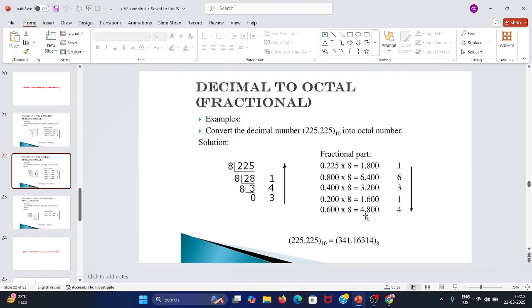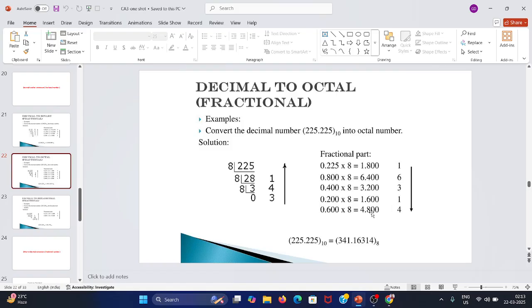As you can see here in the second step, we have multiplied and the 6 is on the left side, so we have taken this 6 from here. Likewise, in the next step with 0.400 we have multiplied by the base, and in the left side of the point there is 3, so we have taken 3.